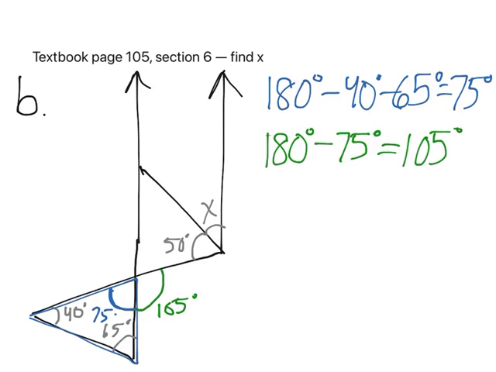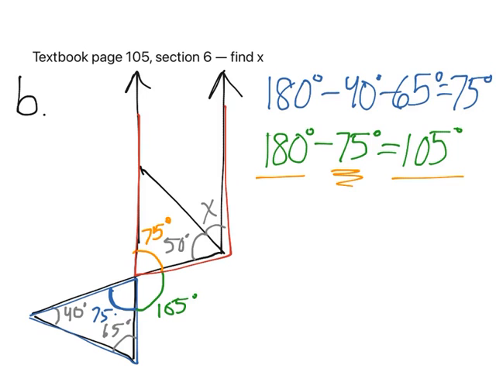Now, also, to reverse engineer this a little bit, we know we have a straight line, 180 degrees. We have one angle, 105 degrees. And guess what? We're going to get 75 degrees. So, just like the last problem, now we have our interior angles here, at least two of the three.